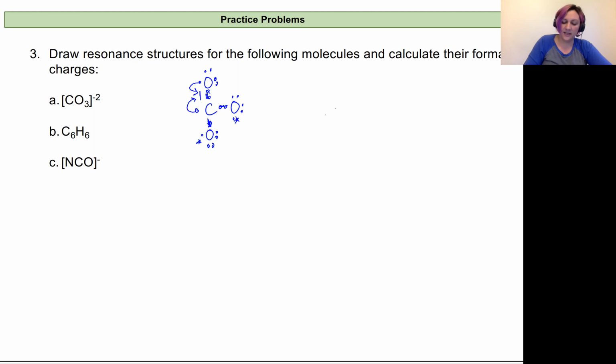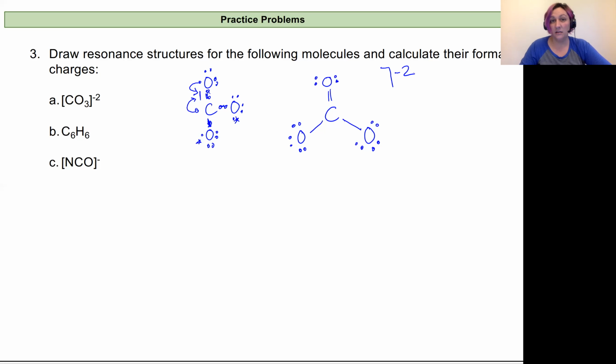So that's going to give me a carbon double bonded to an oxygen with 2 lone pairs, and then 2 oxygens singly bonded to the carbon with 3 lone pairs each. So there's an octet around the oxygens, there's an octet around the carbon, and it has an overall -2 charge. And that is me abbreviating a bracket.